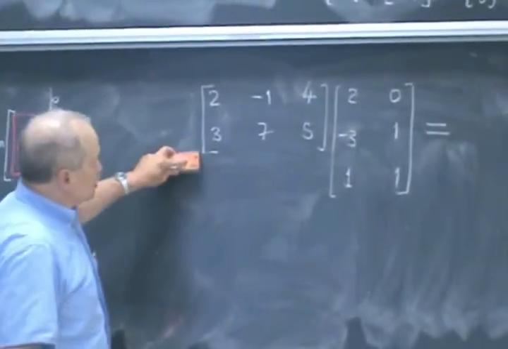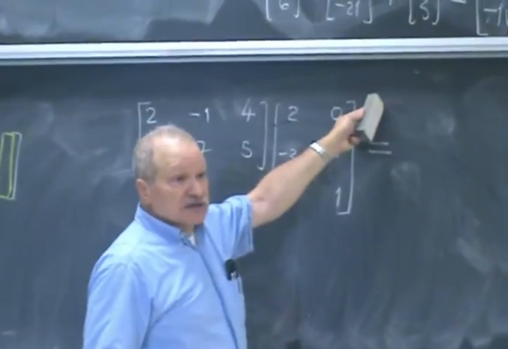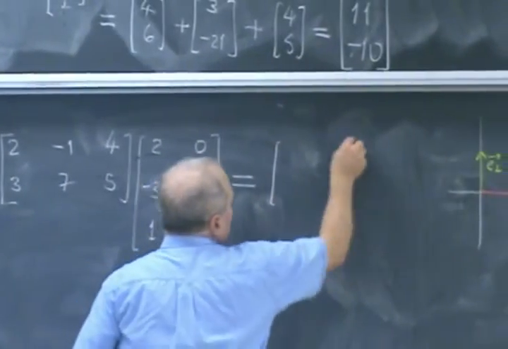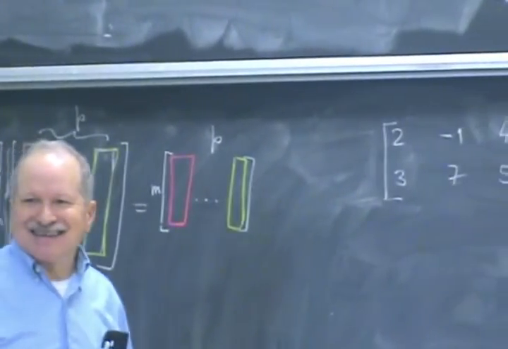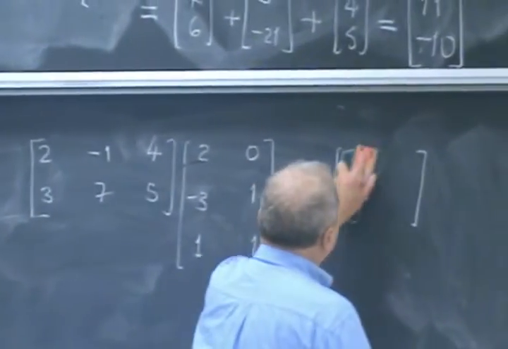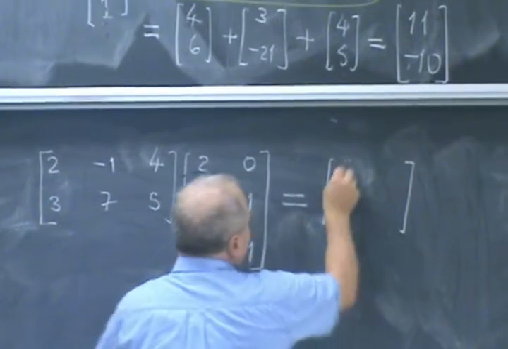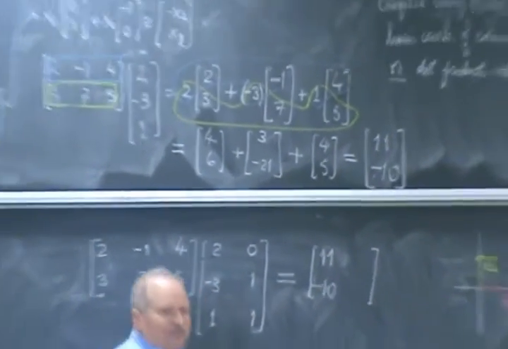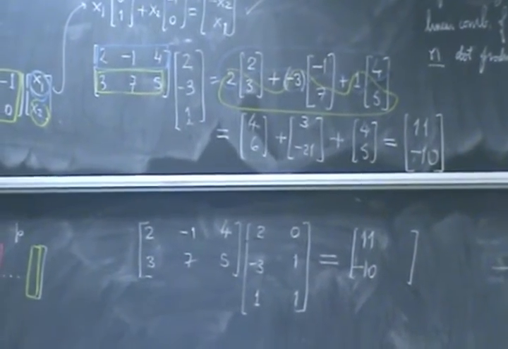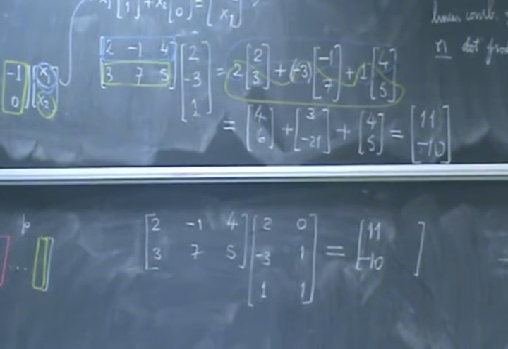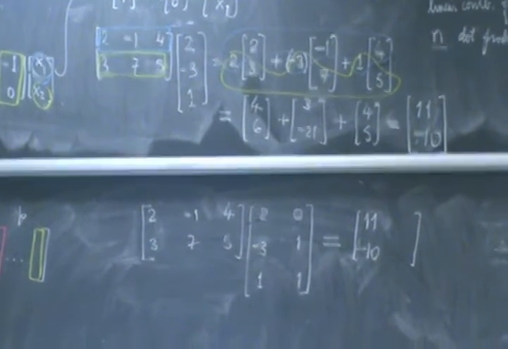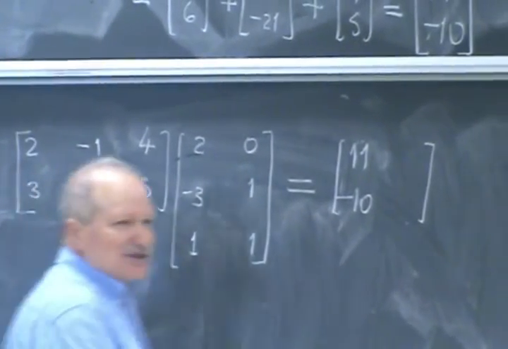Two rows, two columns. Do you know what the first column of the answer is going to be? 11, negative 10. How'd you do that so fast? Oh, they call me a wizard. 11, negative 10. Do the second. 312. How are you doing so fast?